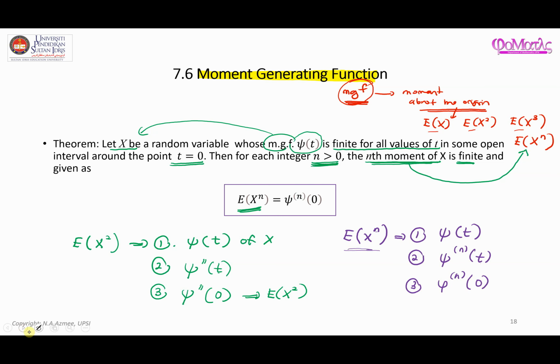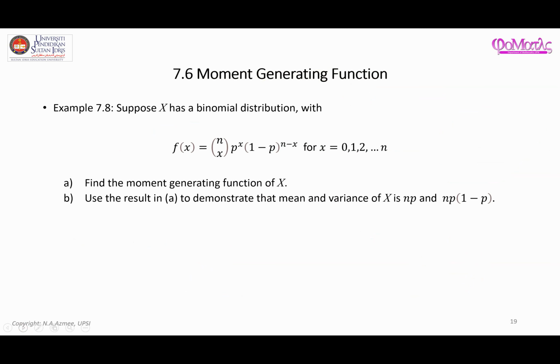Now without further ado, we're going to look straight at this example. Here we have a binomial distribution. X is binomial, and this is the distribution of X. Notice that X takes values 0, 1, 2 until n, and here is the probability distribution.